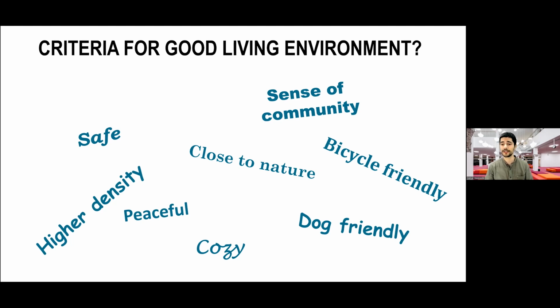A person might be interested in biking, so they may want their neighborhood to be more bicycle friendly. On the other hand, there are people who prefer to drive around with cars, so they may want more parking spaces around their home. Those are some examples of different preferences people have when it comes to their living environments and what the criteria are for making a living environment better.